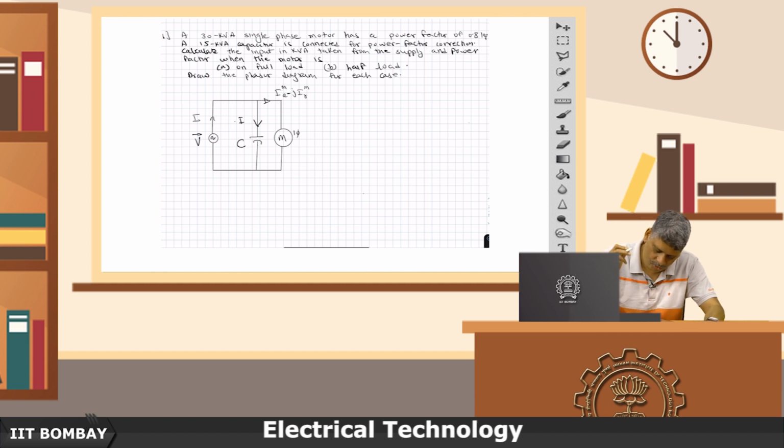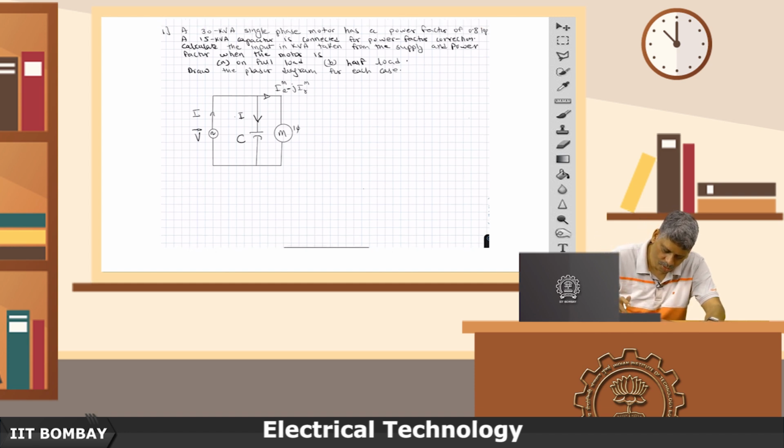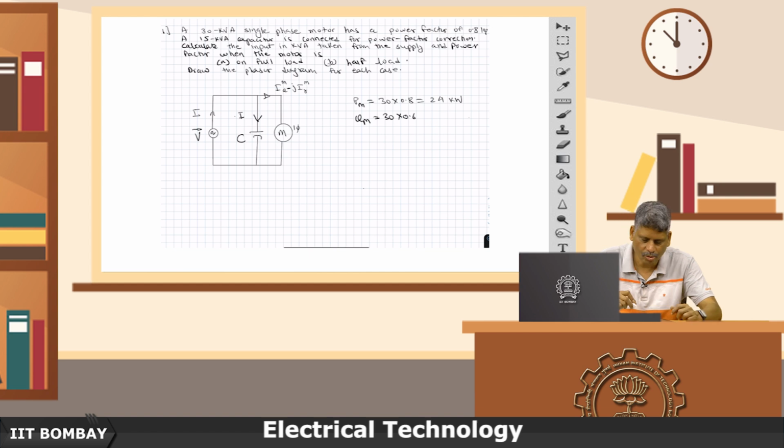So, what is given to you? P is 30 kVA into cos phi, which is 0.8. So, therefore, 24 kilowatts. This is the P of the motor. And what is the Q of the motor? 30 into 0.6, since the square root of 1 minus 0.8 squared is the square root of 0.36, which is 0.6.